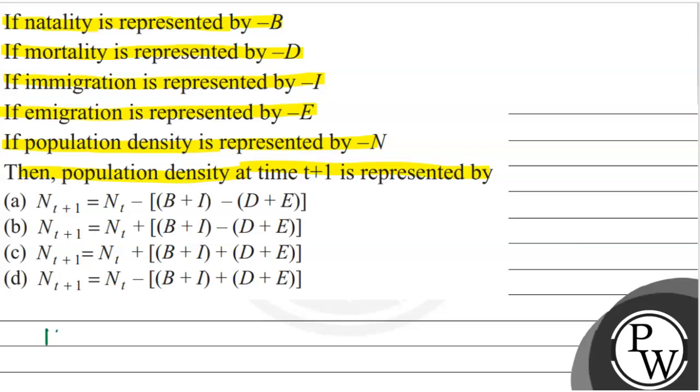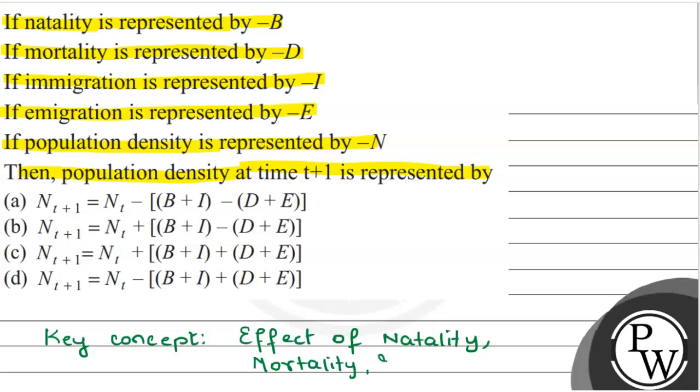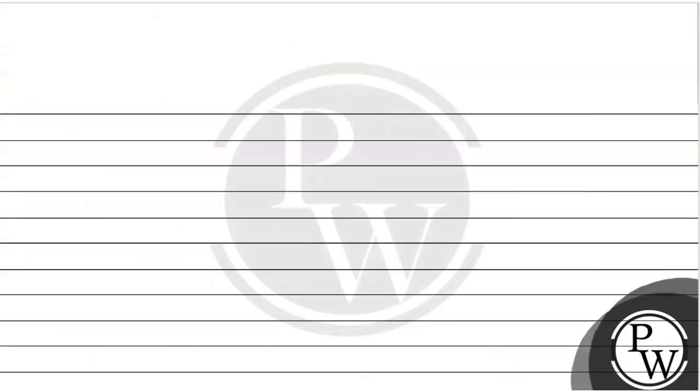So basically, to get the correct answer to this question, the concept we need is the effect of natality, mortality, immigration, and emigration on the population density.